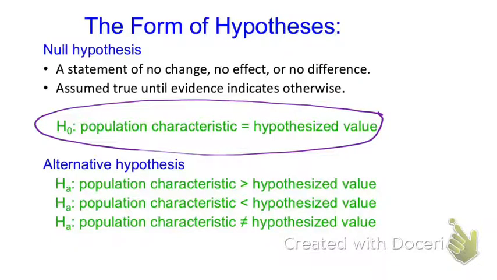The population characteristic could be your population proportion, P, or mu, or sigma, the standard deviation. It's just whatever your population parameter is, equals some sort of value. And this will make a lot more sense once we do an example.